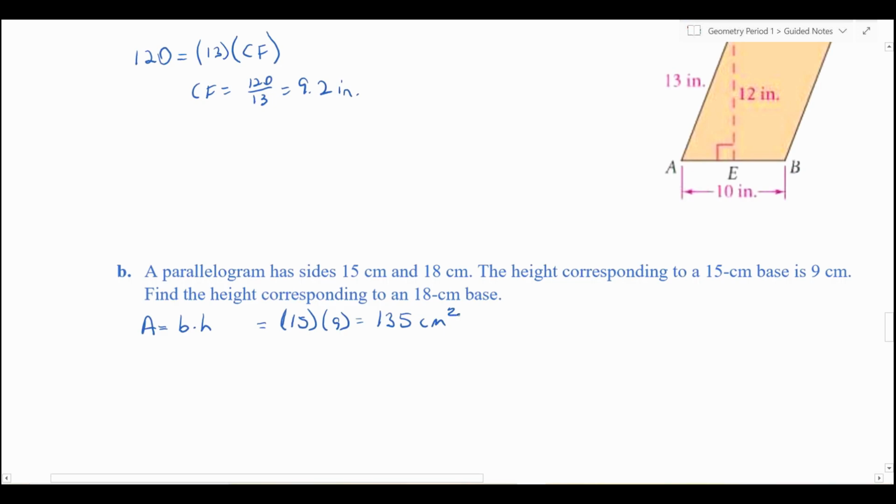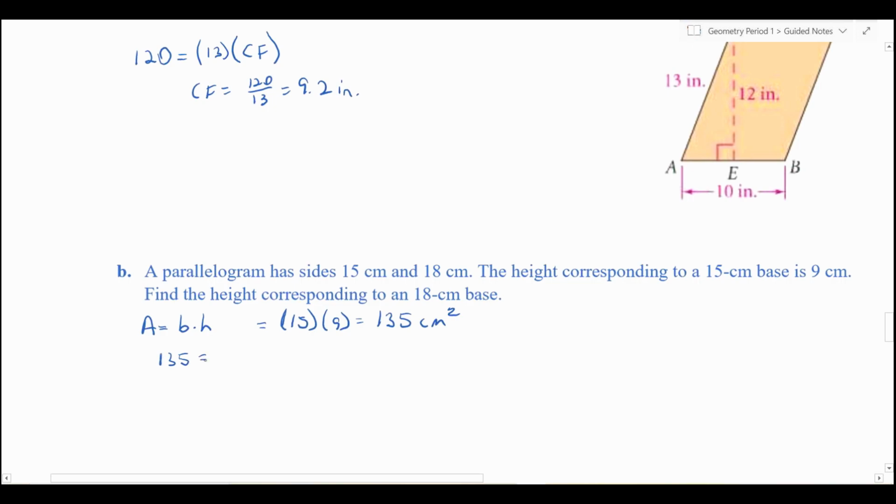Now that we have that, we want to know what the height would be corresponding to an 18 centimeter base. So let's find that out by taking the area that we just found, and we're going to be using the formula of area and say 135 equals, right?